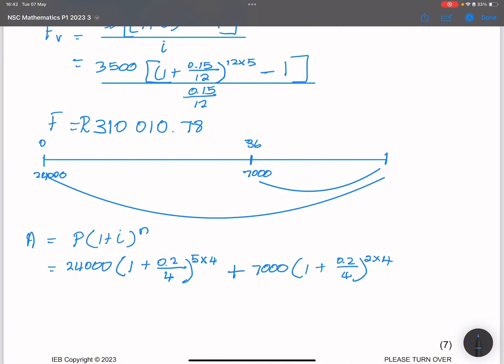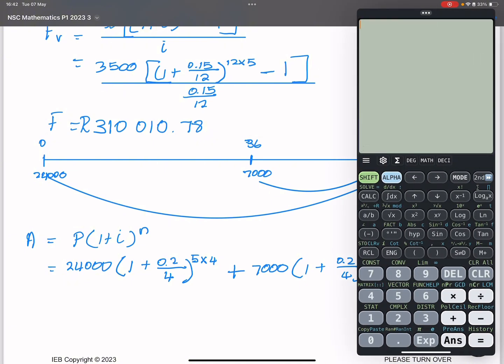So let's try and calculate that for ourselves. So that's 24,000 into 1 plus 0.2 over 4, and we are going to raise that to the exponent 5 times 4. That's 20.